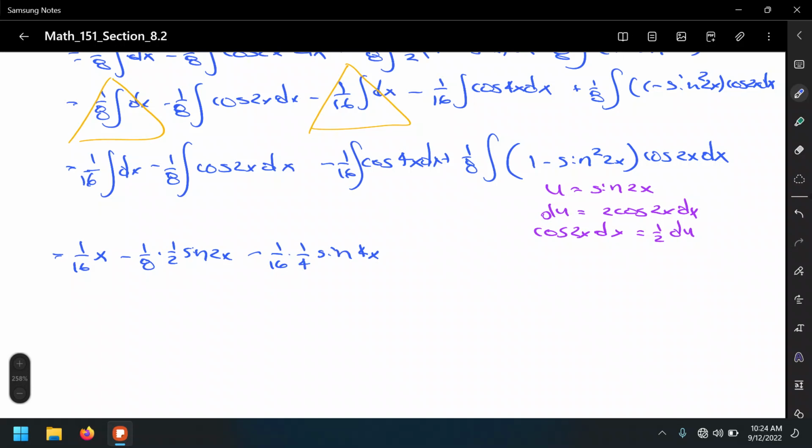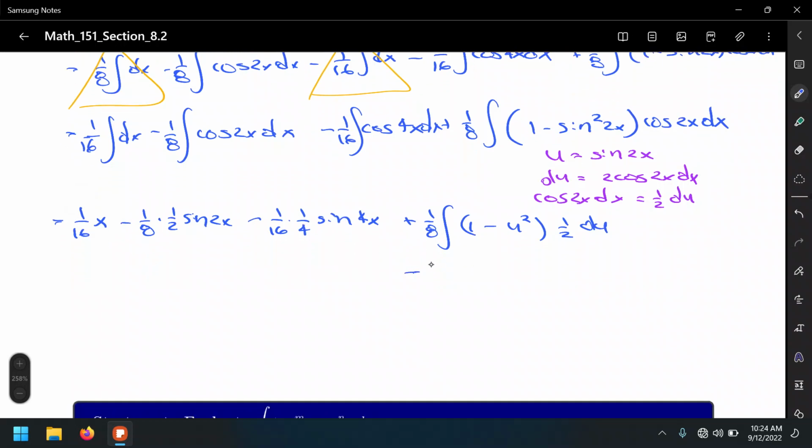And in this case, we're going to have the following integral still, but in terms of u. That's the integral of 1 minus u squared, and this will be 1/2 du. But this 1/2 du will go outside and multiply with the 1/8 to become 1/16, 1 minus u squared.